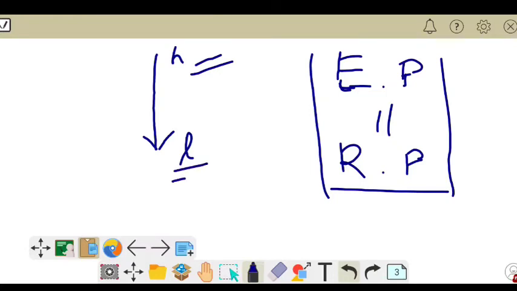And the element placed at the bottom will have the lowest electrode potential. It will have less tendency to get reduced. It will have more tendency to get oxidized. Clear? So let me repeat once again.